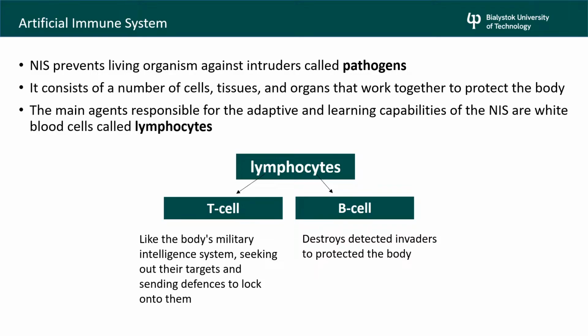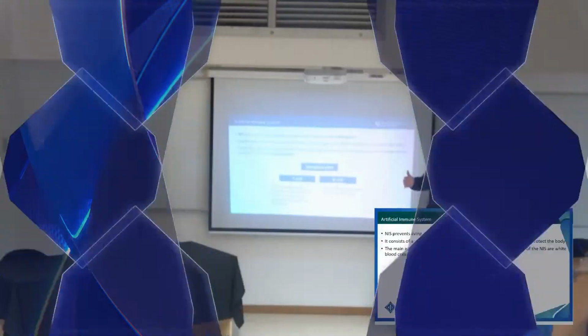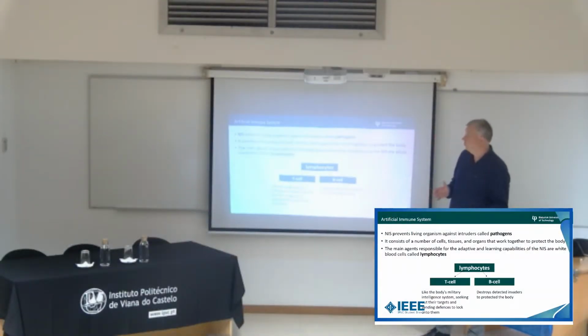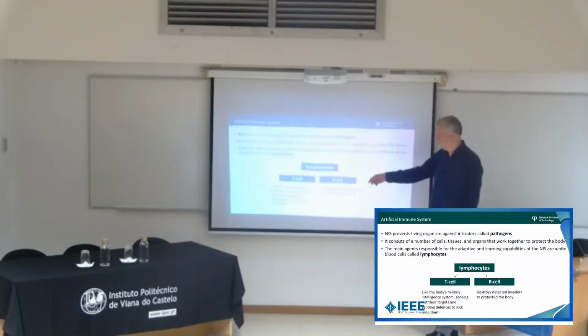It consists of many elements, cells, tissues, and other organs which work together to protect our body. But the main role is played by the lymphocytes. They can be divided into two groups. We have T cells and B cells.